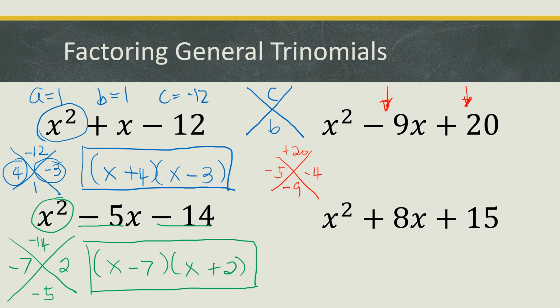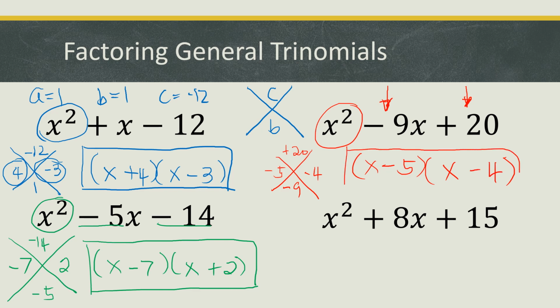Negative 5 times negative 4 is a positive 20, and negative 5 minus 4 is a negative 9. So we can now have the two factors. Factor first the first term of the trinomial, which is x squared, x times x, and then the two factors that we have, x minus 5 times x minus 4.